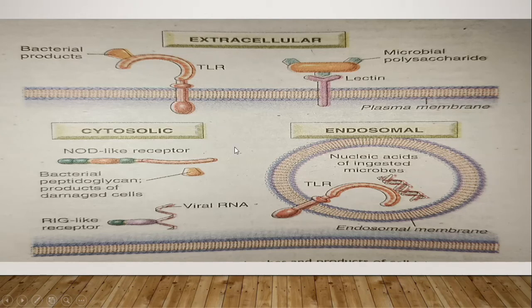When the bacteria or any bacterial product is present in the cytoplasm, the node-like receptors or cytosolic receptors sense those antigens. When there is an endosomal formation of a vesicle around any bacteria or virus or ingested microbe, the toll-like receptor is also present on that vesicle. We call it endosomal receptor. These are also toll-like receptors that sense the bacterial products present in the endosome.